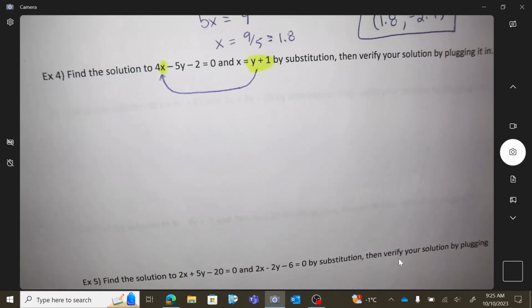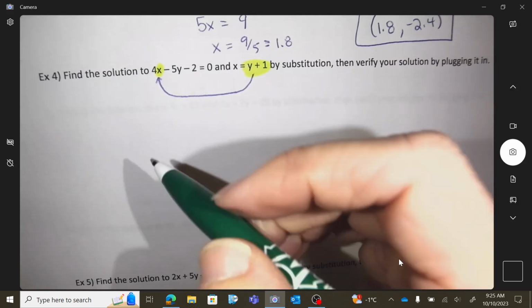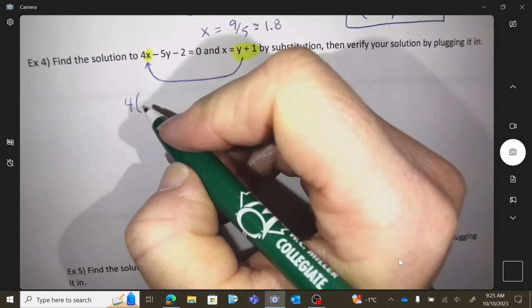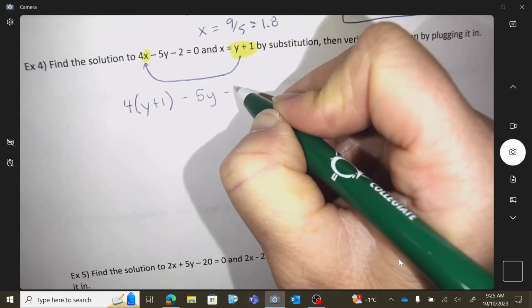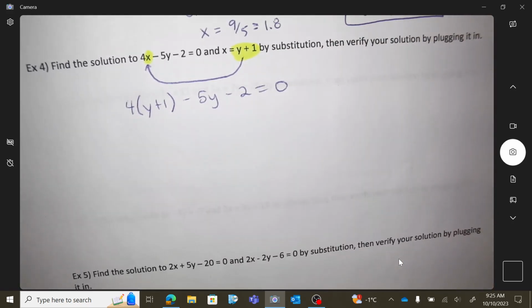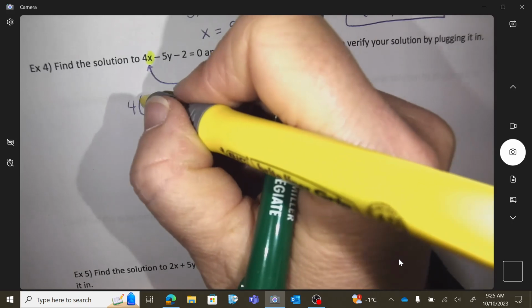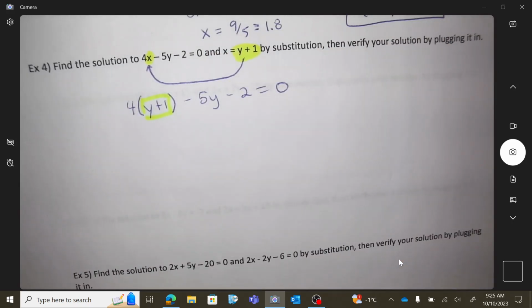So before we had y equal to something. This time I'm just going to use the x equal. So give me your replacement for x. There's what I would call my substitution. I replaced x with its equal partner.